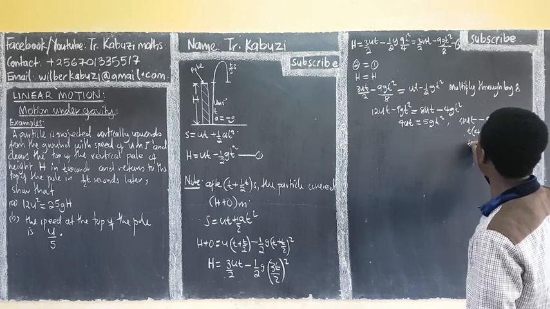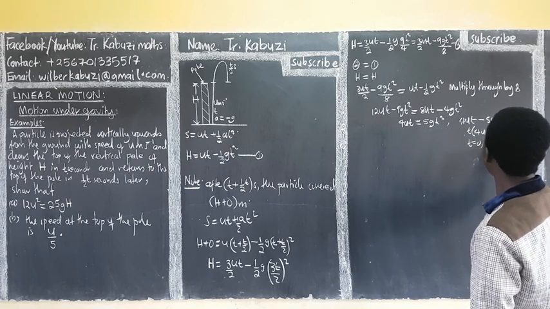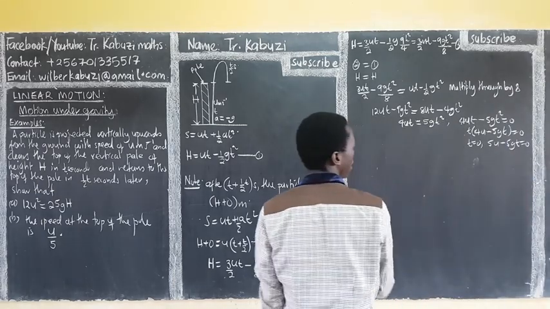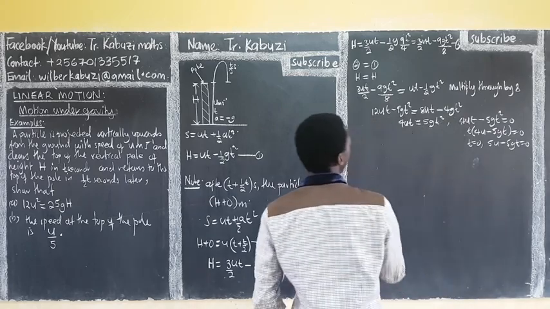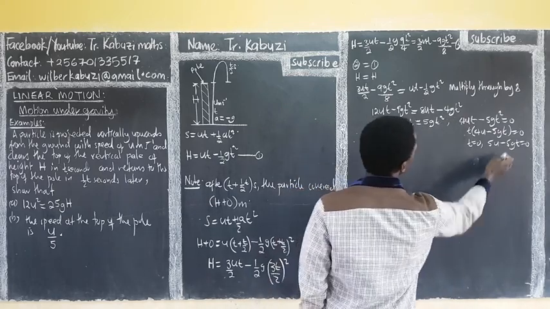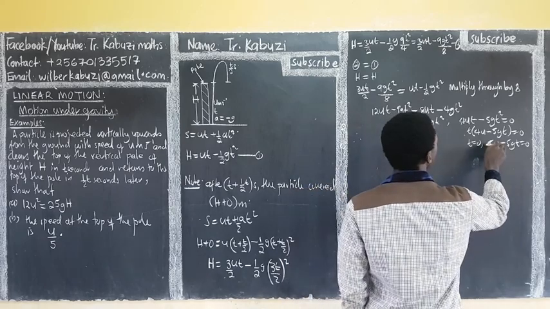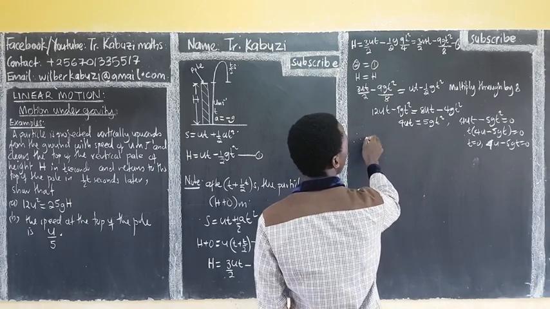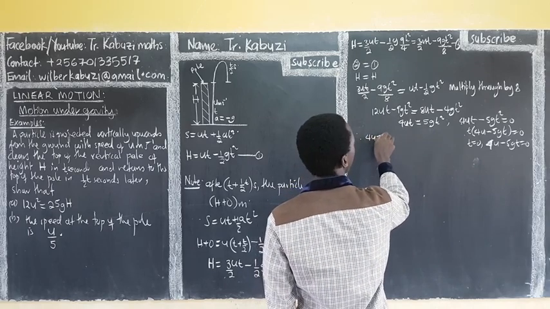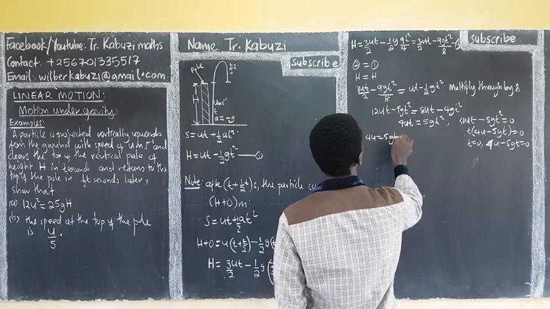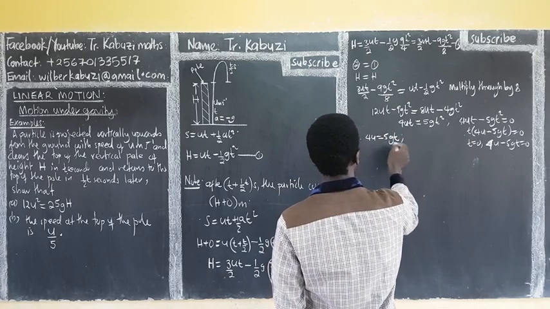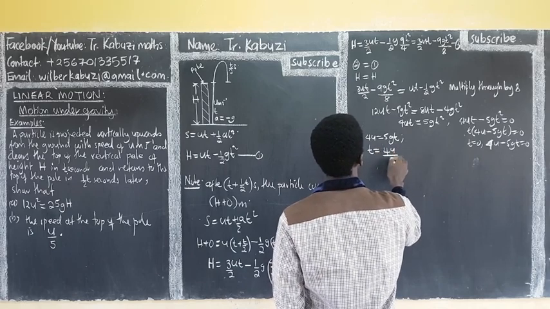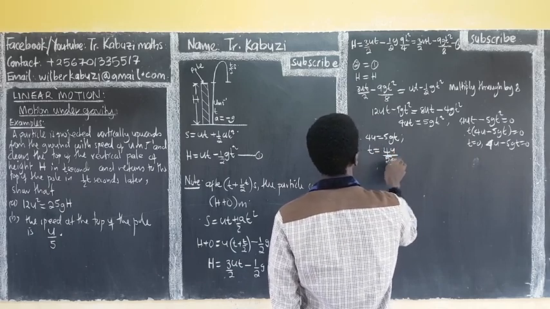So either my t is 0 or my 4u minus 5g t is 0. Now from here, you can make t the subject, so 4u equals 5g t, so that our t is going to be 4u over 5g.